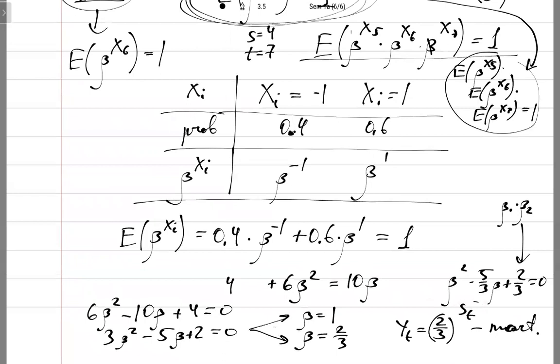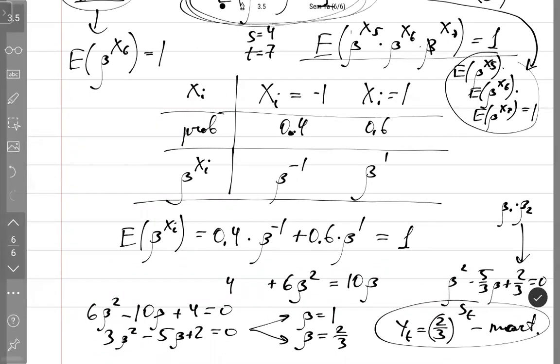Okay, so this process Yt is a martingale. Let's move on. What are the properties of a martingale? We have said that Xt and St are not martingales.